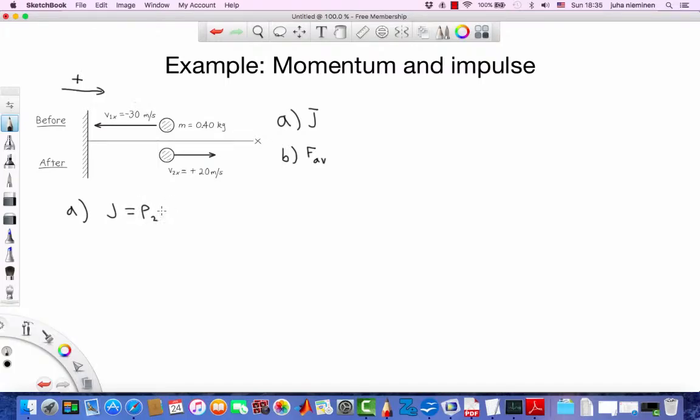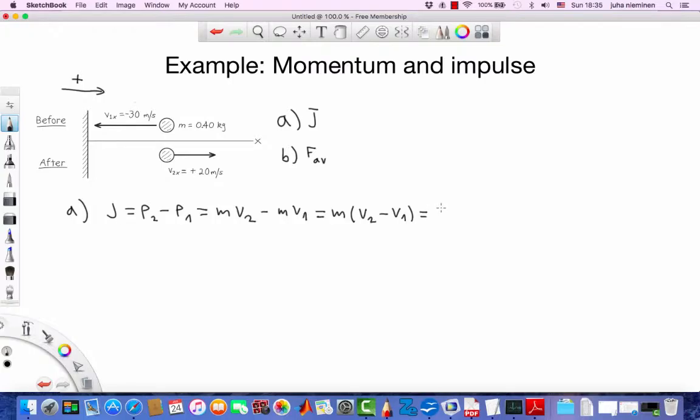It's always the final value of momentum minus the initial value, P2 minus P1. So we have m times V2 minus m times V1. So m times (V2 minus V1).